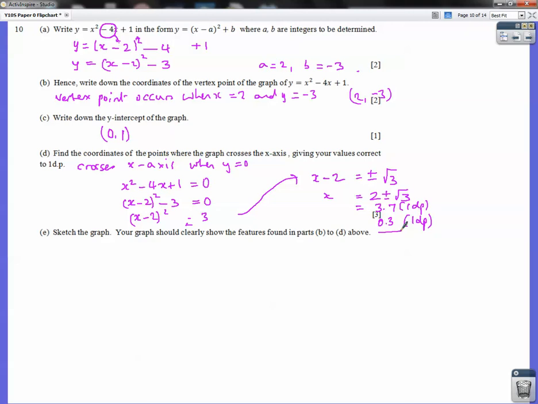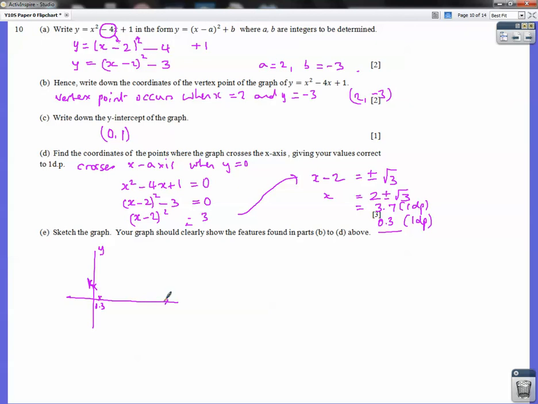Now finally I've got to put all this information together to sketch my graph. It might be worth doing a rough sketch first just to get an idea of what's going on. I know it's a U-shaped graph because it's a positive x squared term. It goes through the point 0, 1 on the y-axis. It goes through 0.3 on the x-axis and 3.7, to one decimal place.